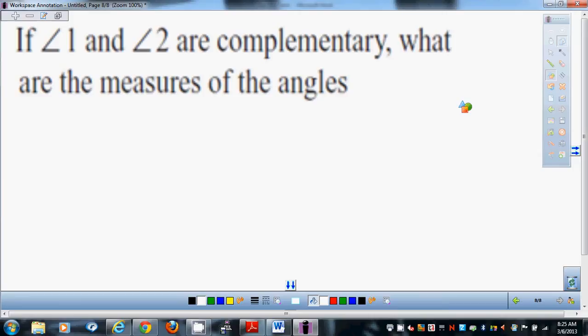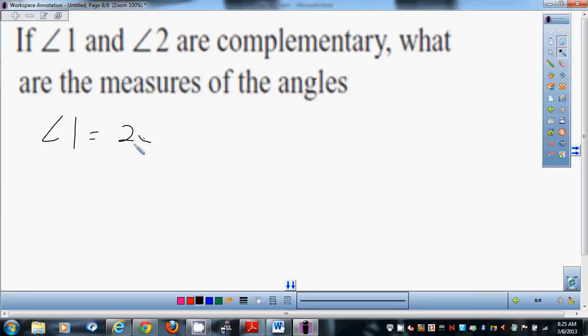Angle 1 equals 2x plus 17. And angle 2 equals 2x plus 33. And these two angles do what with each other, Elijah? What did she say we were supposed to do? Very good. So many people tomorrow, and it's going to kill me when I see it, are just going to set these two things equal to each other.